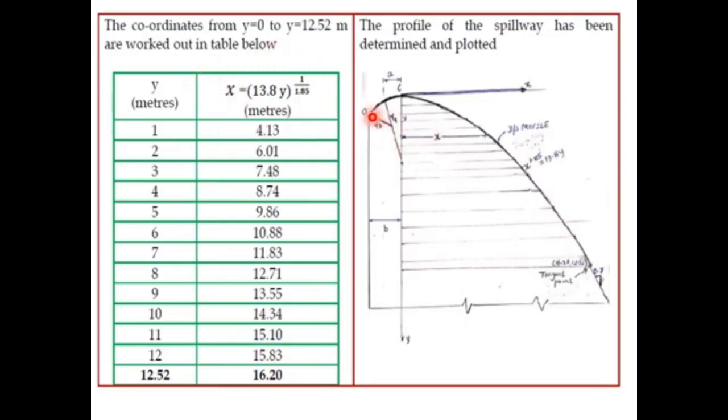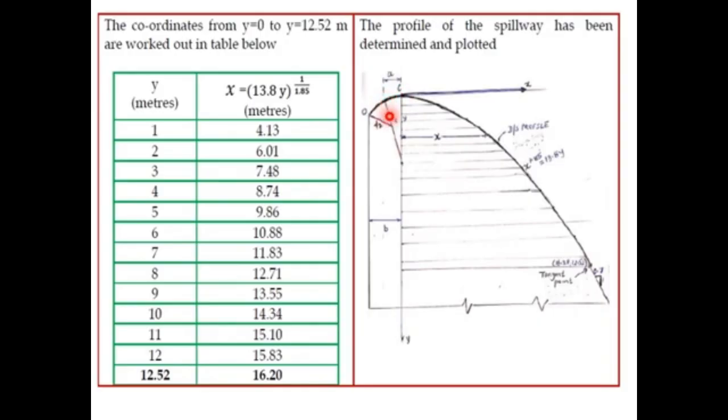And also the upstream profile can be plotted by knowing the values of A, B, R1, R2. From the crest we have to mark R1. So this is R1, taking this as center, draw an arc till it cuts the A line, so we get here.